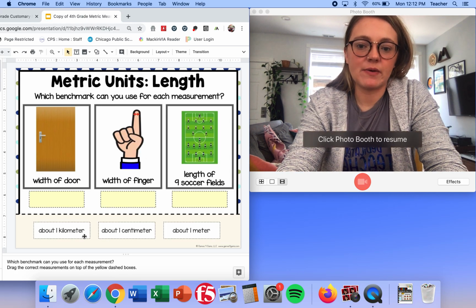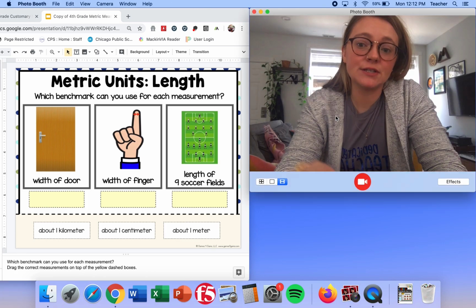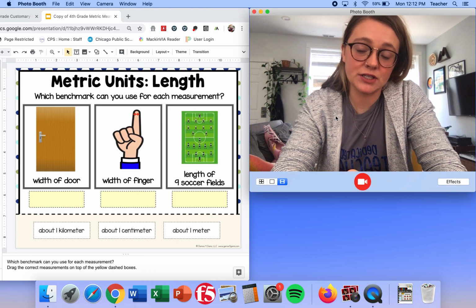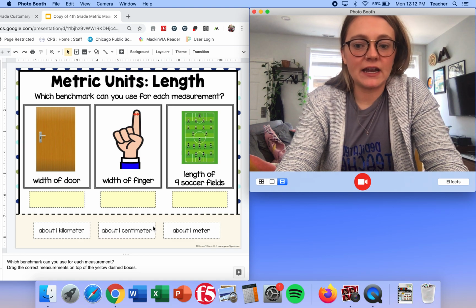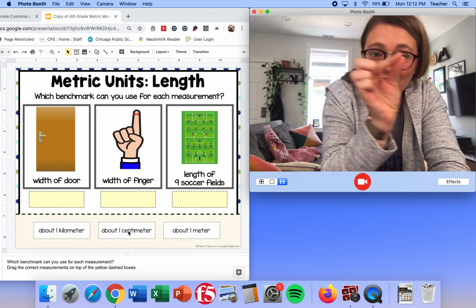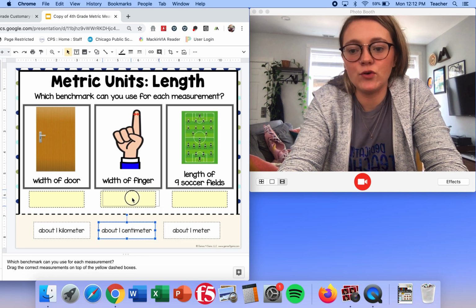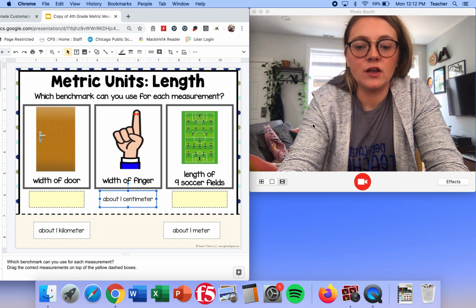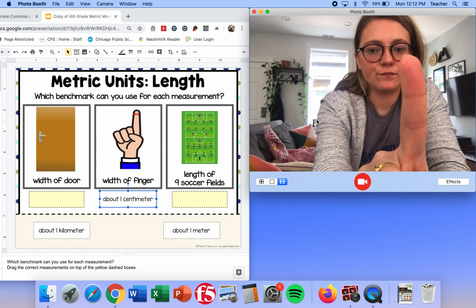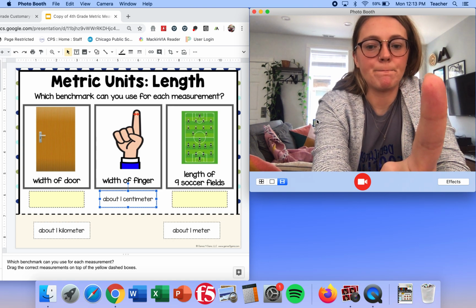Metric talks about things in meters, centimeters, kilometers. So I'll tell you right now the littlest one that you find on a ruler is a centimeter. And a centimeter is about the width of your finger. Okay? It's about the width of your finger.